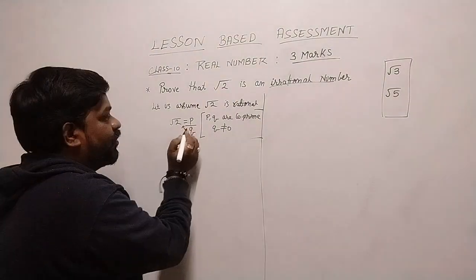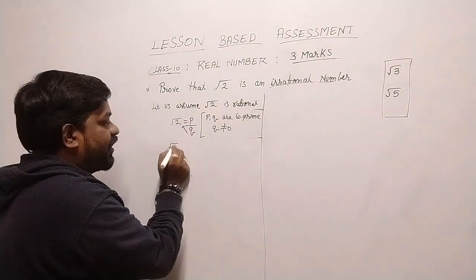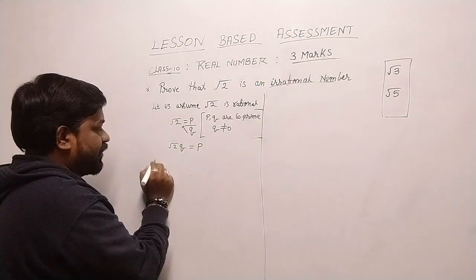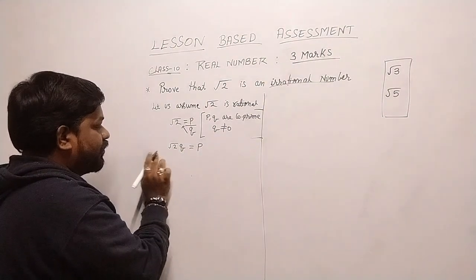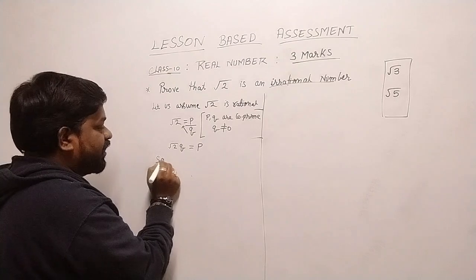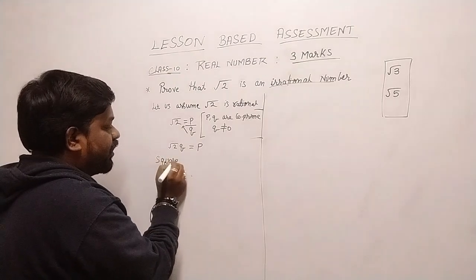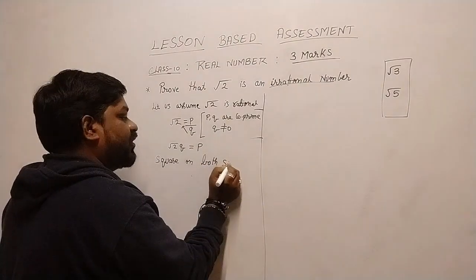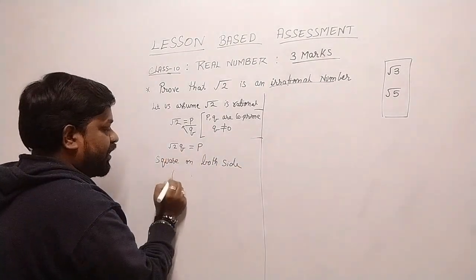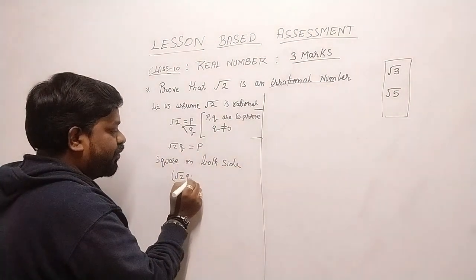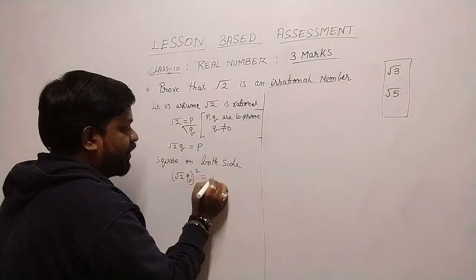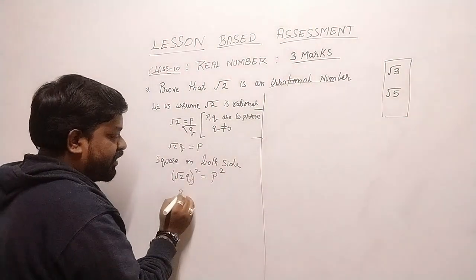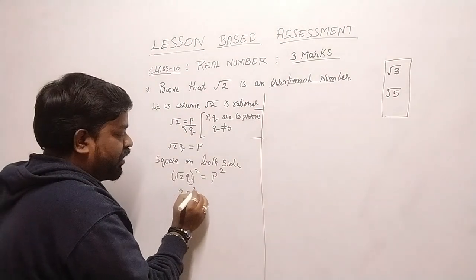Now shift q to the LHS and you can write root 2 q equals p. Now square on both sides, that is root 2q whole square equals p square. Root 2q whole square can be written as 2q square.